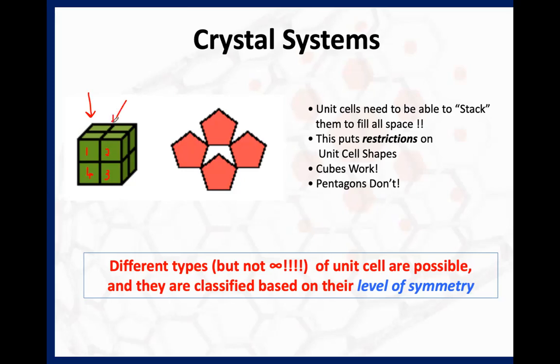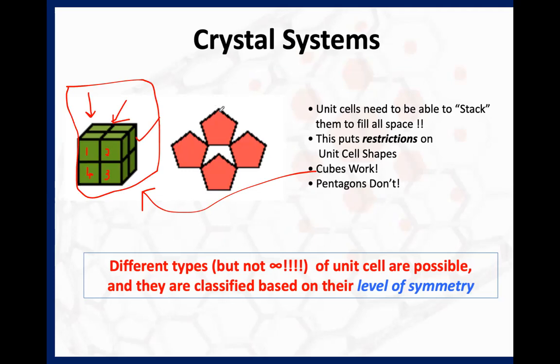You can't have spaces in between. So a cube is a perfect stacking unit cell. You can stack them without any problem, right? This cube gives you zero space, and it fits very well together, right?